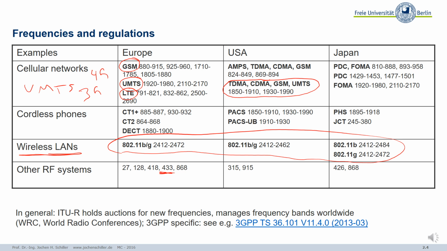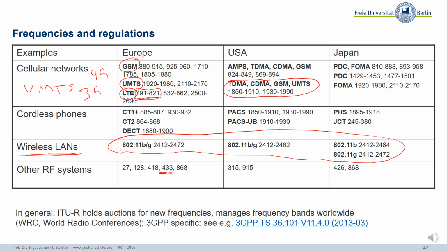Also, we don't have any analog TV anymore, replaced by digital systems. So frequencies you can now reuse for LTE, for example. And there was also a process where the government actually sold the frequencies to companies, to network operators, so that they can reuse these frequencies, in Europe these 790 to 821 megahertz frequencies.